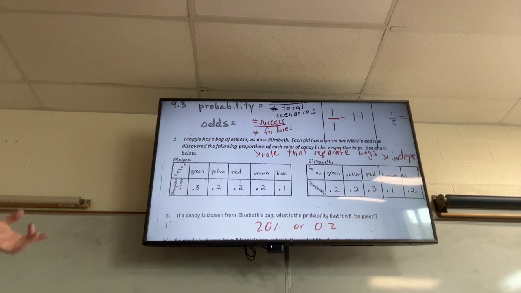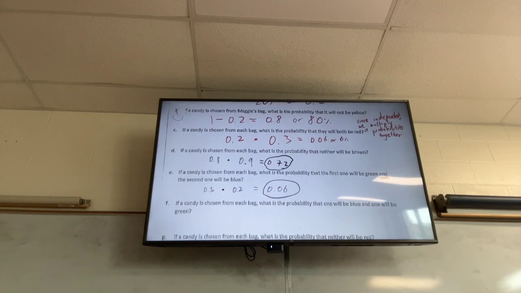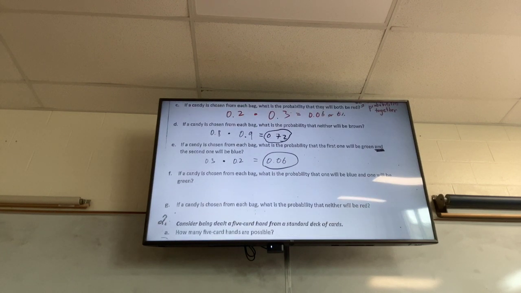So how do I want to say this? Let's do the probability. Two ways of this happening. The first way is a blue from Maggie and a green from Elizabeth.